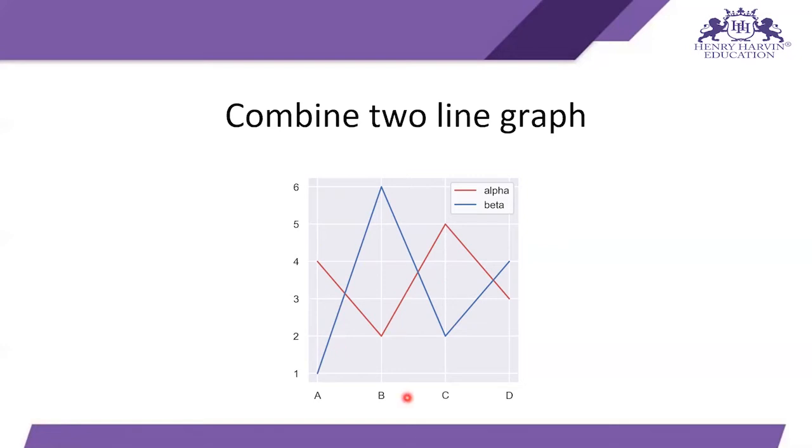So during time period B, we have to focus on alpha so that it also grows like beta, and during time C we have to focus on beta so that it grows as well as alpha. So this is all about combining two line graphs of two different data sets.